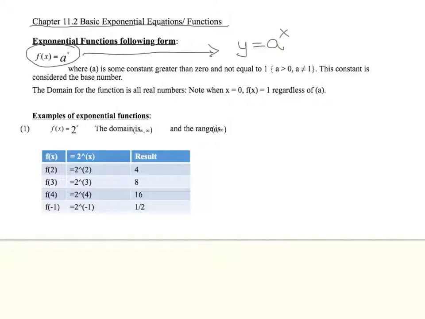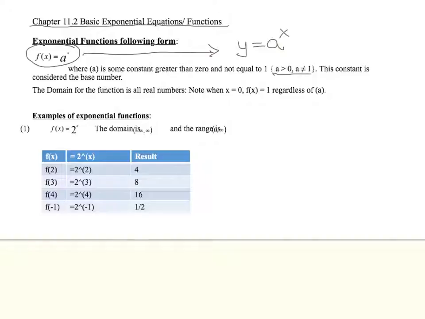So a has to be greater than 0 and not equal to 1, because if a is a negative number, we will see an erratic pattern in y whenever x is any number. That erratic situation is not a function because, again, functions are predictable.